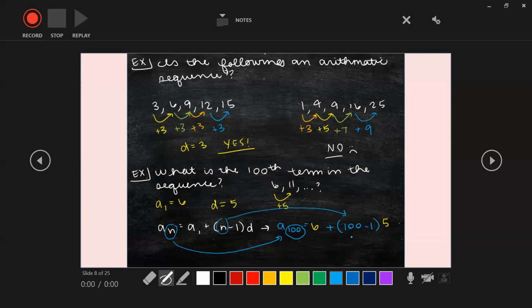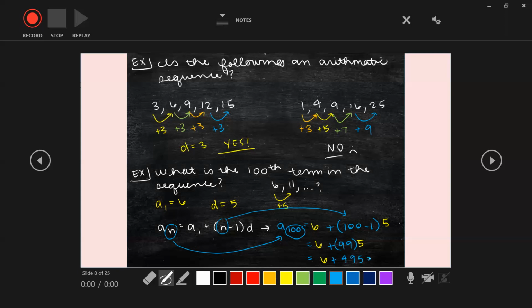It's in the parentheses. So you're going to have equals 6 plus 99 times 5. What am I going to do next? Multiply. So 495, I think.